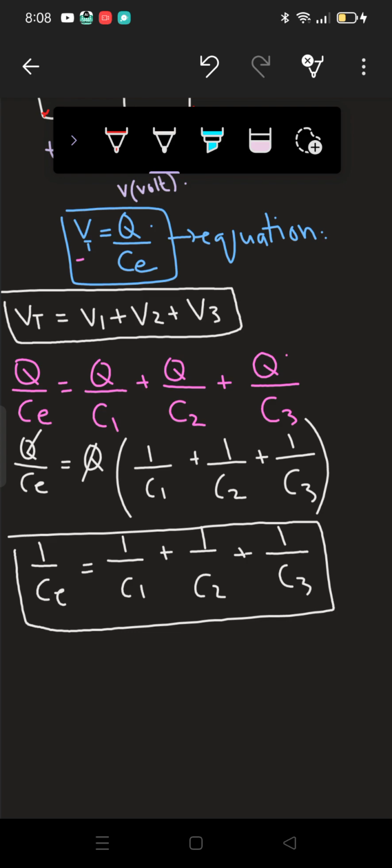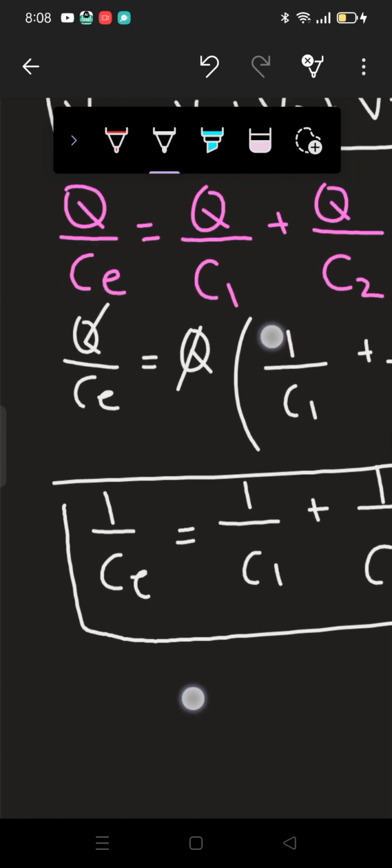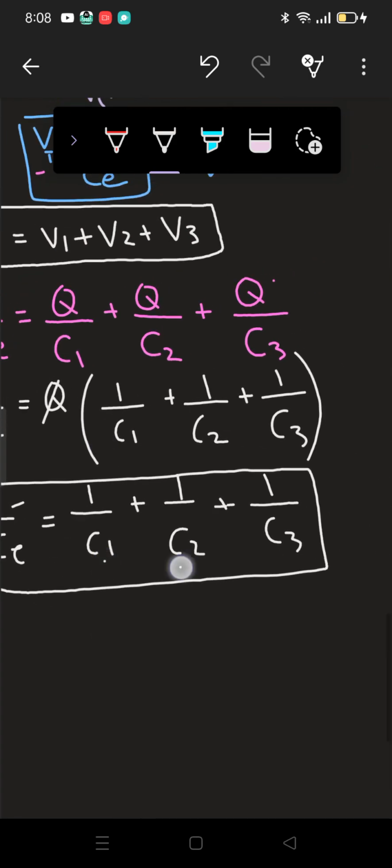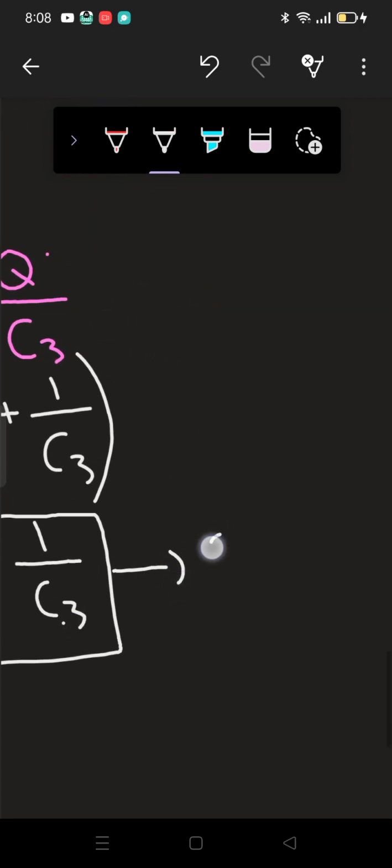This equation, or this combination, shows that the reciprocal of the equivalent capacitance is equal to the sum of the reciprocals of the individual capacitors when they are connected in series.